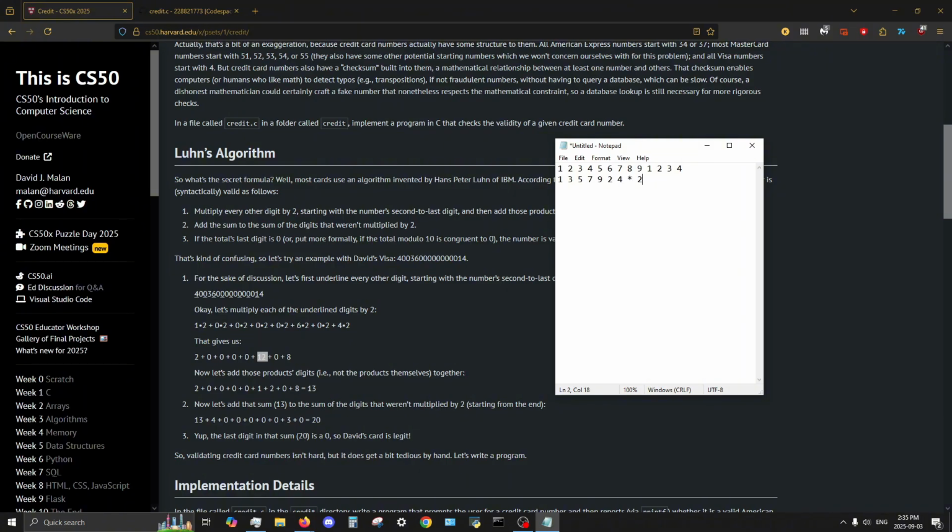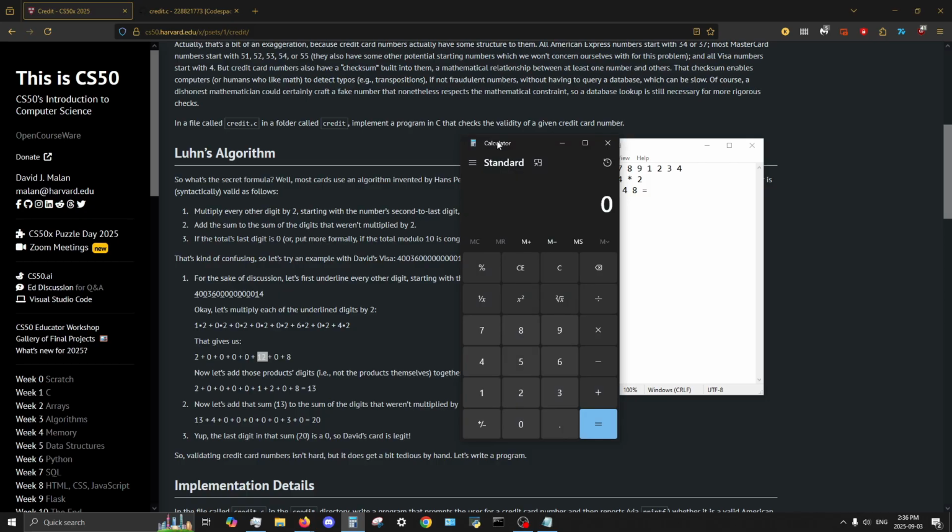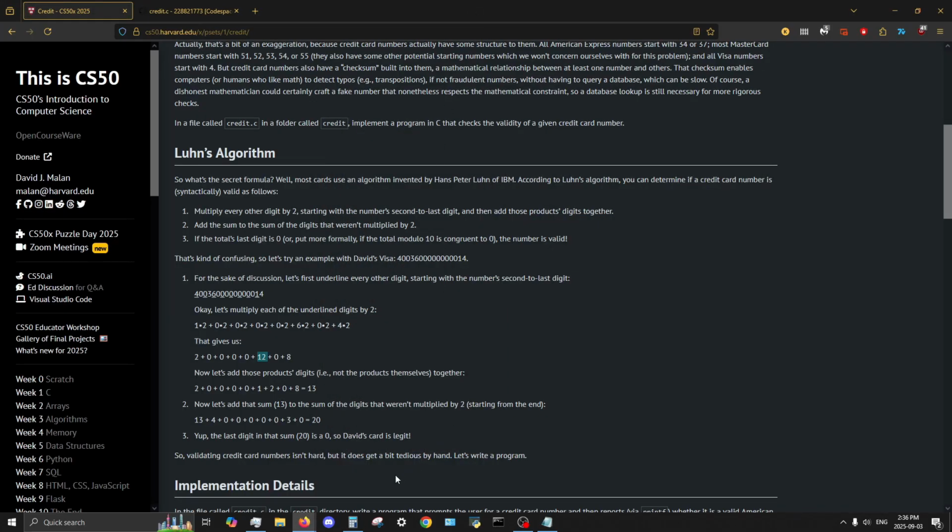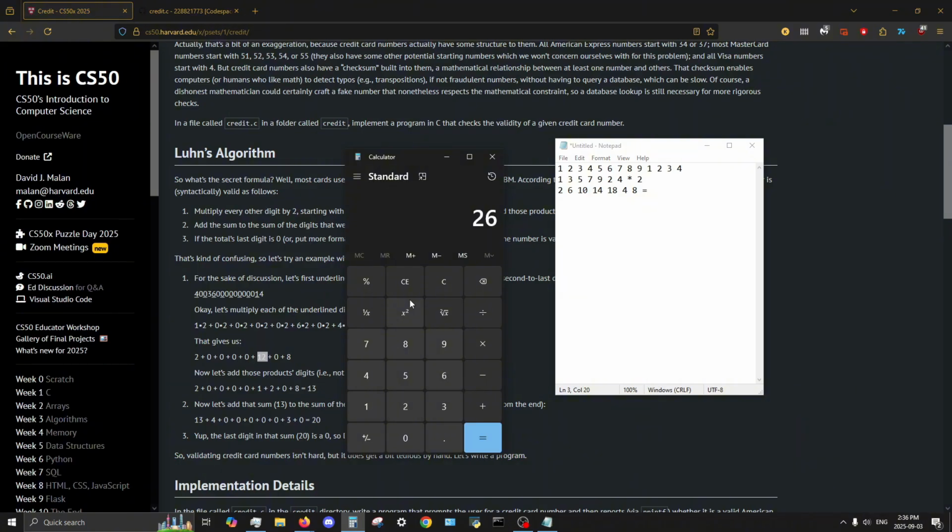It's gonna be multiplied by 2. That's 2, 6, 10, 14, 18, 4, 8. And then we add those. 2 plus 6 plus 10 plus 14 plus 18 plus 4 plus 8. We get 56.